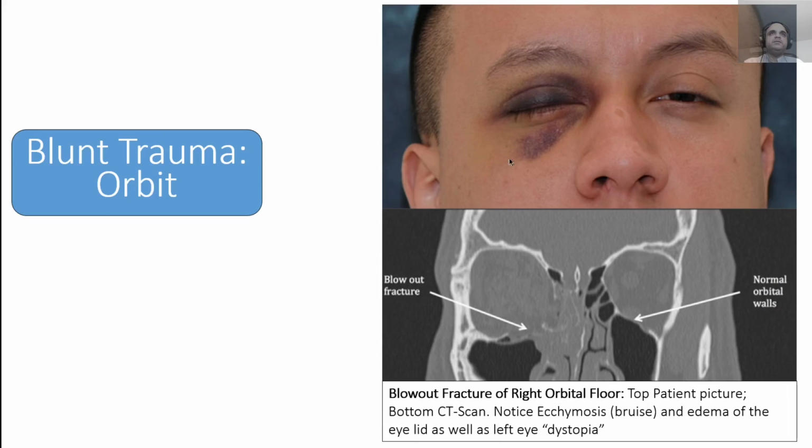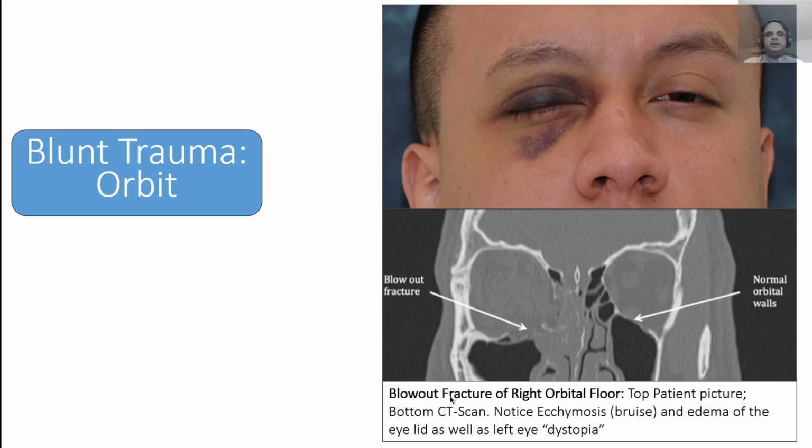And also, if you look at the position of the eye, the left eye is lower than the right eye. And that is simply because as the fat herniates, there is not enough cushion inferiorly, and the eyeball is displaced inferiorly, which is described as dystopia.